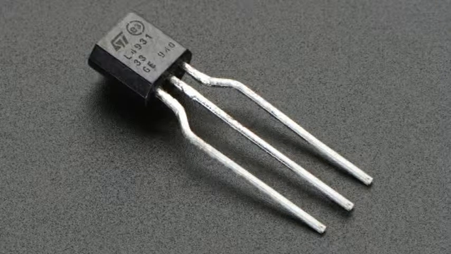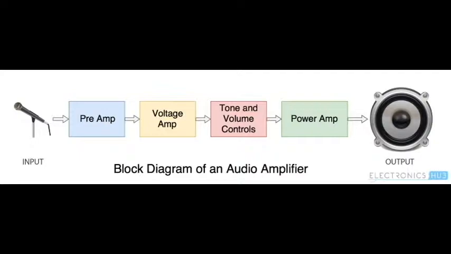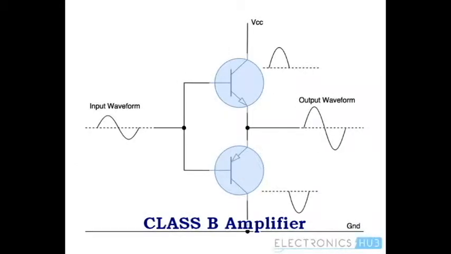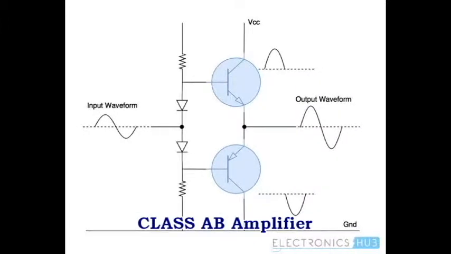So, what is a Class AB amplifier? As its name suggests, the Class AB amplifier is a combination of the Class A and the Class B type amplifiers. The AB classification of amplifier is currently one of the most commonly used types of audio power amplifier design.